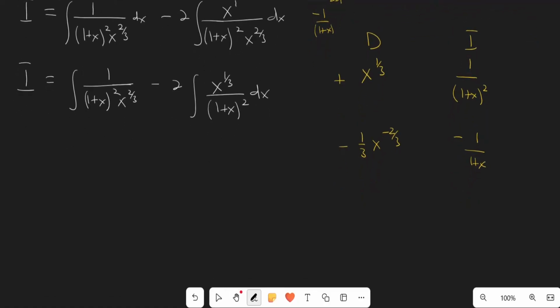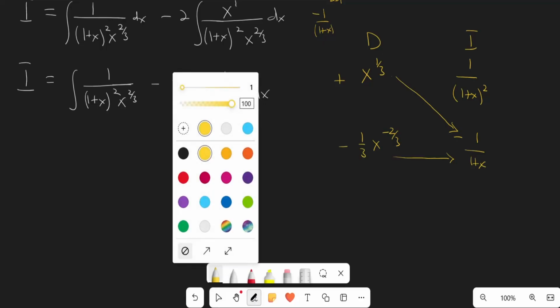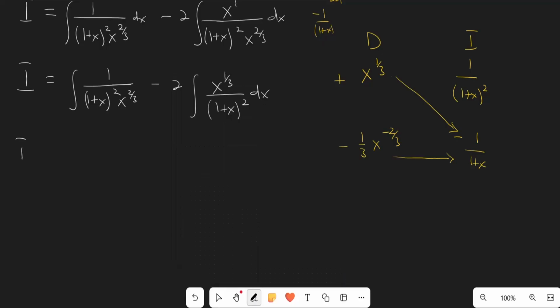Multiplying terms diagonally, we don't have to take the integral, but when we multiply terms horizontally, terms on the same level, then we have to take the integral. This has become very trivial now. So that is the integral of 1 over (1 plus x) squared times x to the power 2/3 dx, minus 2 times, multiplying terms diagonally, this term times this term, that is negative x to the power 1/3 divided by 1 plus x.